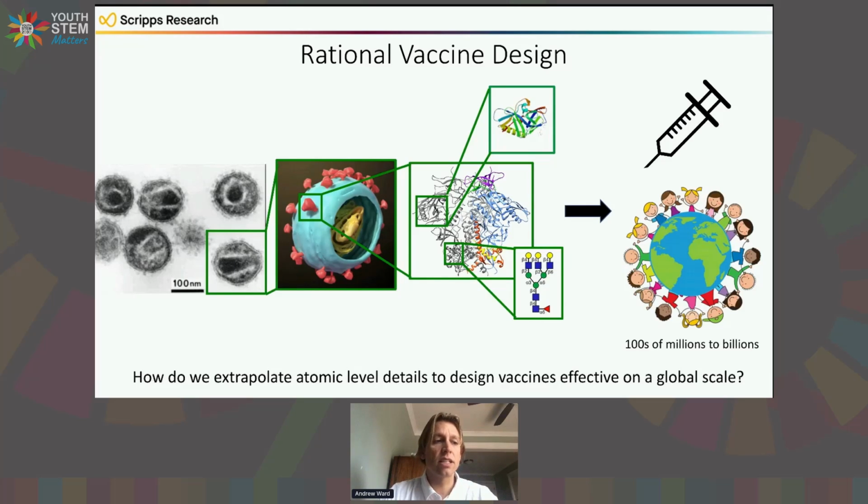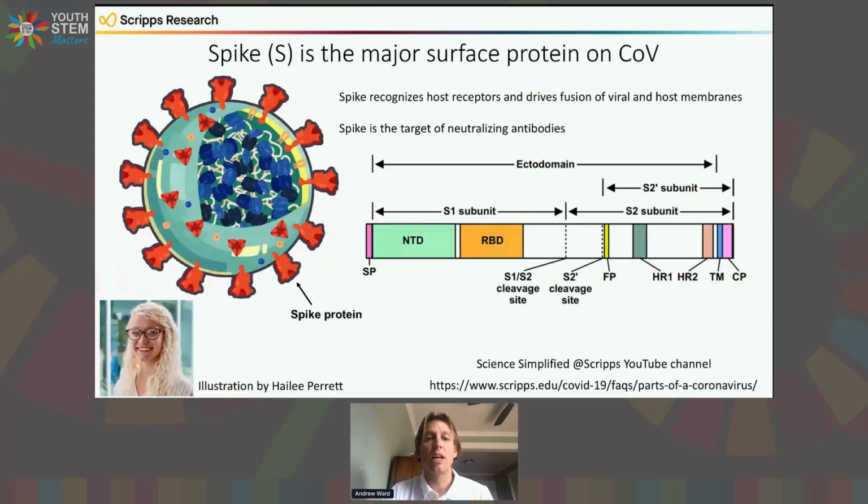Some of the coronavirus vaccines have also taken that approach, but really the best vaccines are the ones that take the critical piece of the virus, stabilize it, engineer it, and, using the structures that we and others generate, create vaccines that can be effective on a global scale. This is known as rational vaccine design, or structure-based vaccine design.